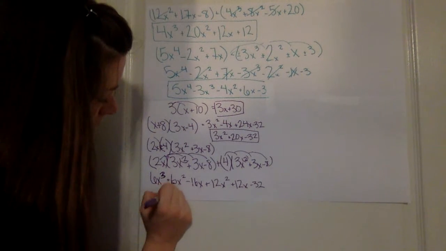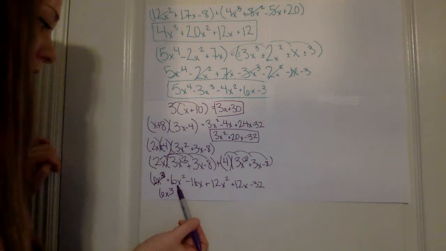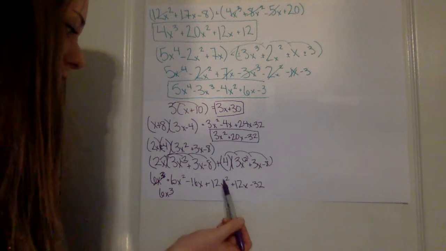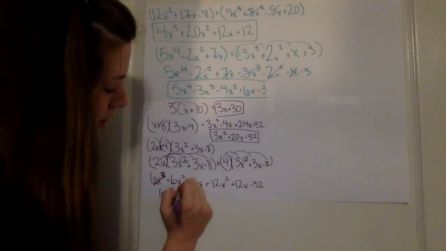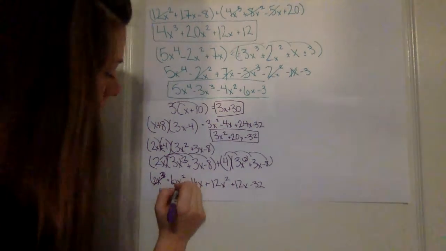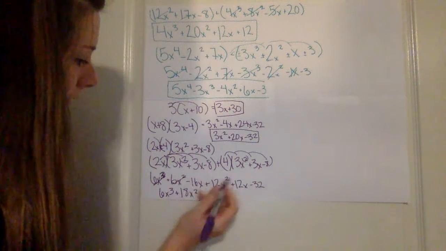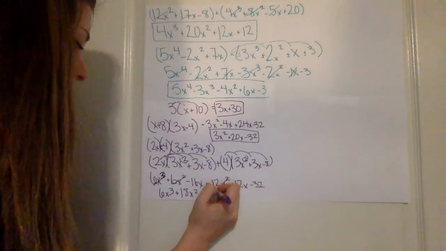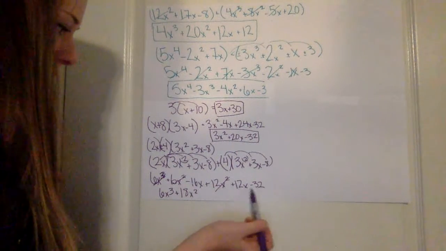So we have 6x cubed, and then we have positive 6x squared, positive 12x squared. So that's going to be plus 18x squared. And then we have negative 16x and positive 12x.